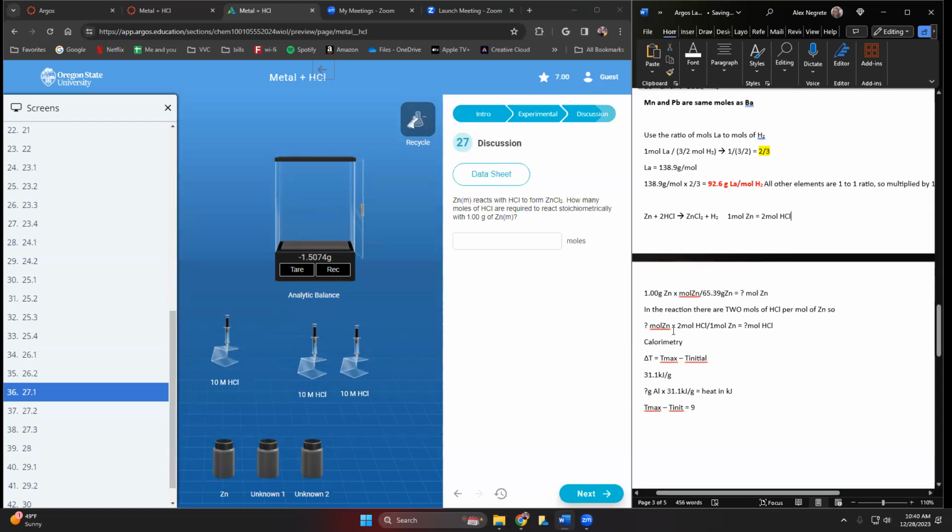So 1 mole of zinc, 2 moles of hydrochloric acid. So this is the molar ratio. Once we determine how many moles of zinc we have, this is the molar ratio that we're going to multiply by to cancel out those units and get the number of moles of hydrochloric acid, which is what this section is asking for.